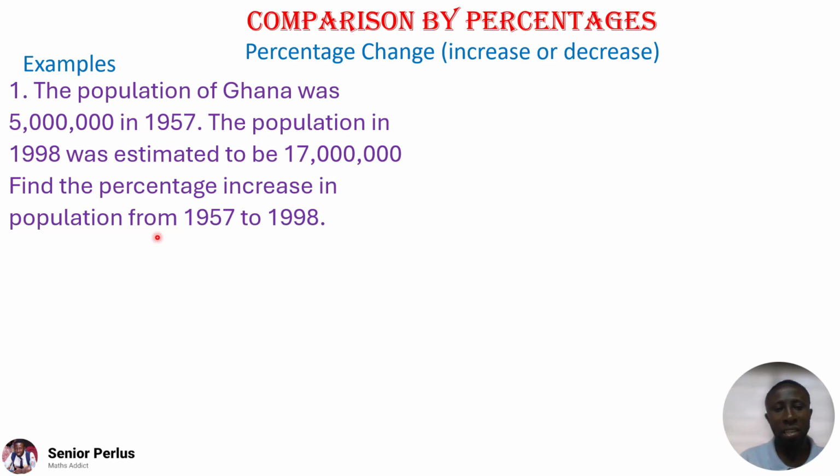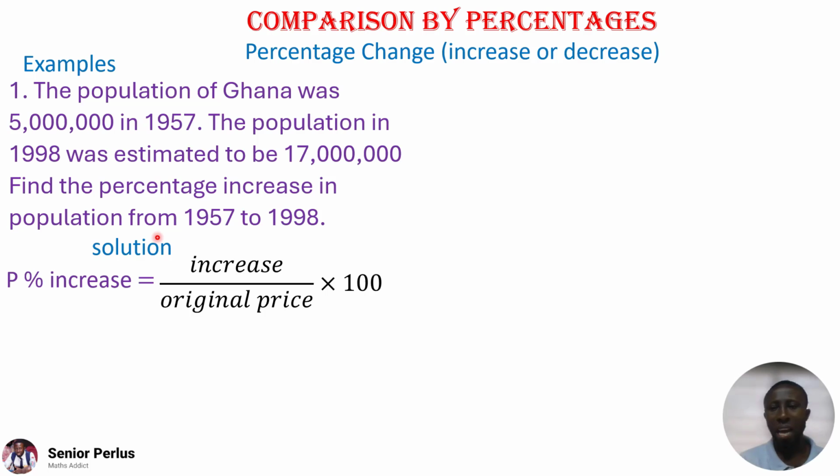Sometimes it can be a decrease. Okay, so since it was 5 million, now it's 17 million. So there's an increase. They want the percentage increase. So here you have to know the change, the difference. So solution: percentage increase is the increase over the original price.